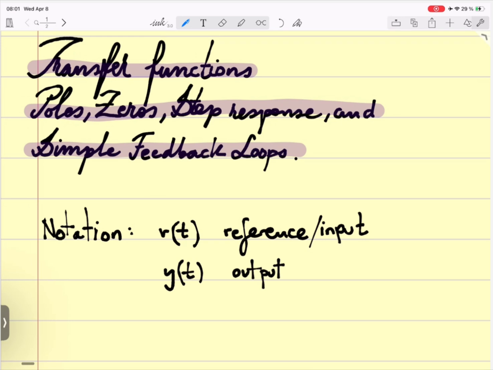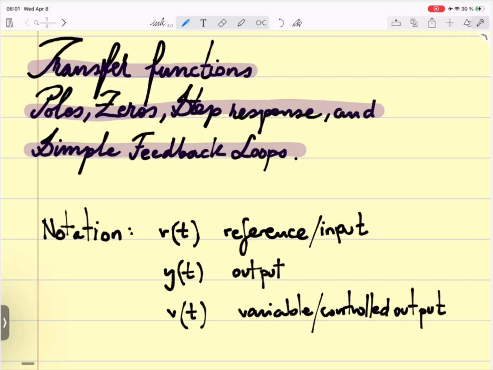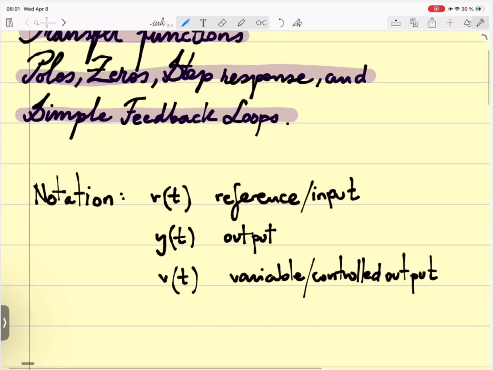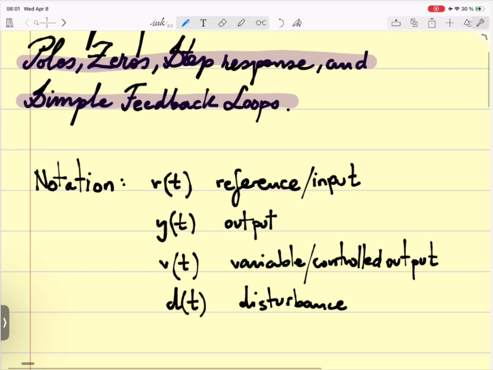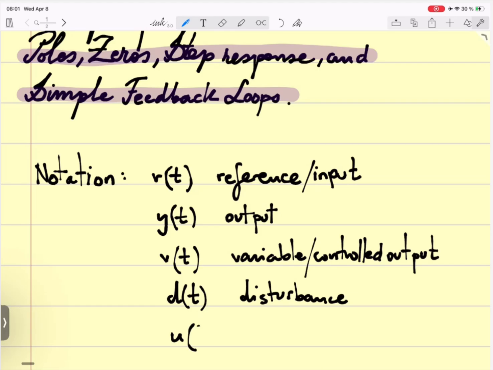We have v of t, which is the variable, or controlled output, something we do in the system. D of t, we are going to call disturbance, things happening to the system. And u of t, we already know, is the step function.